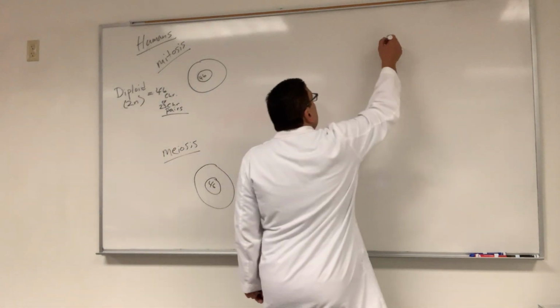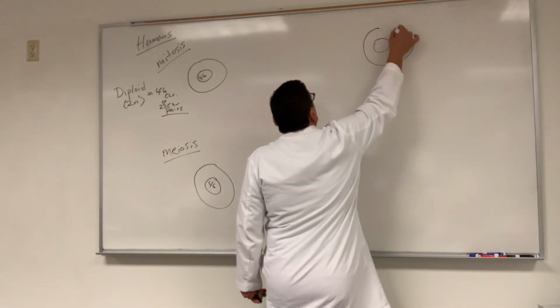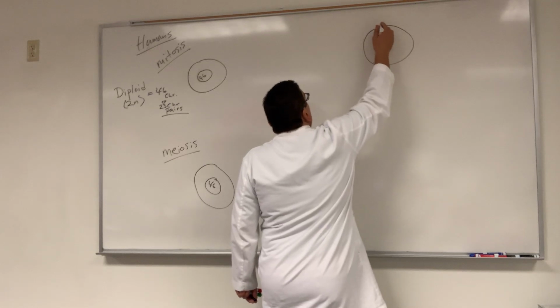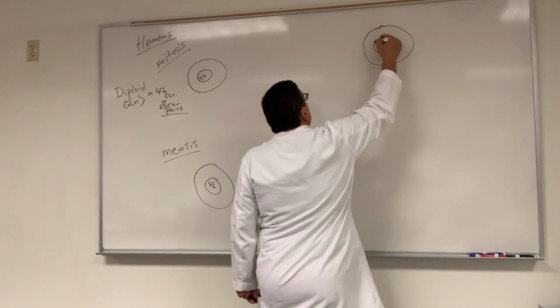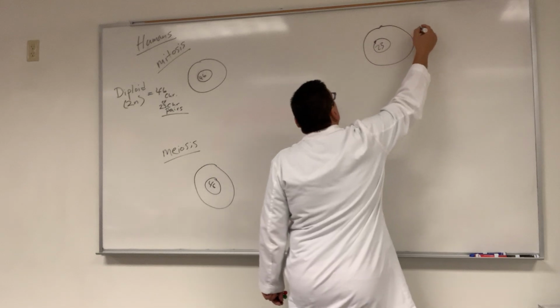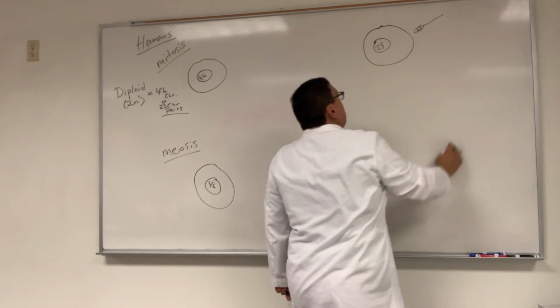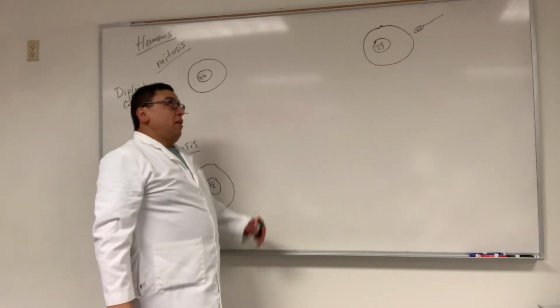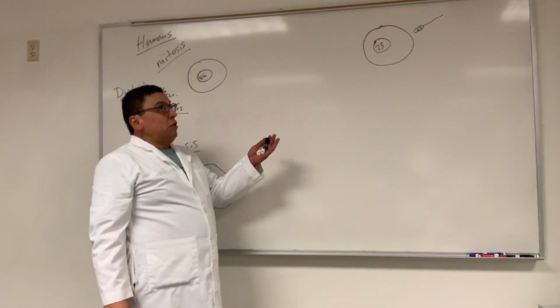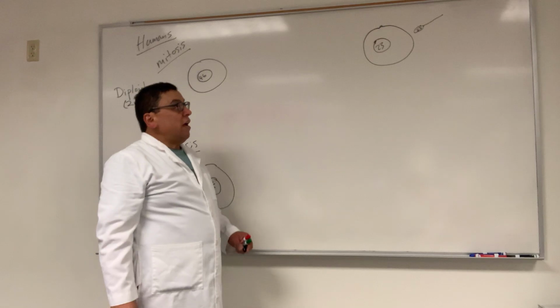So mom gave you the egg component with 23 chromosomes, and dad supplied the 23 other chromosomes on the sperm. And at that point, that's called fertilization, when the sperm fertilizes the egg.